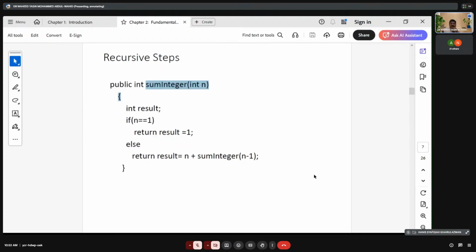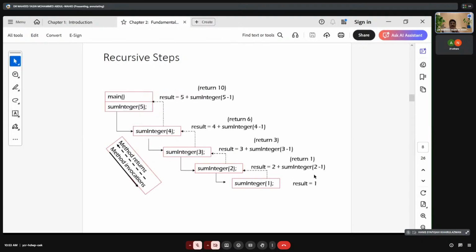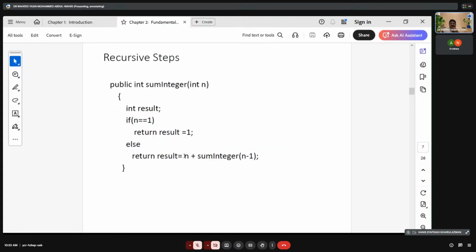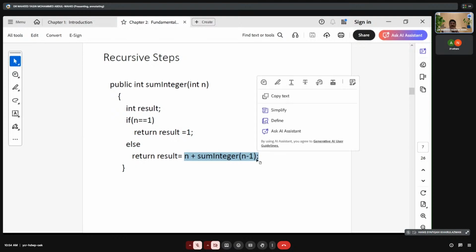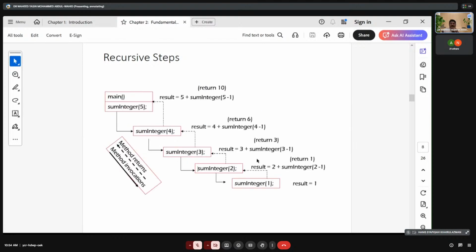This is sum integer: here we have result 1, here we have n plus sum of n minus 1. So we have 2 plus sum integer of 2 minus 1. Here we have 2, here we have 3, we have 4, we have 5.